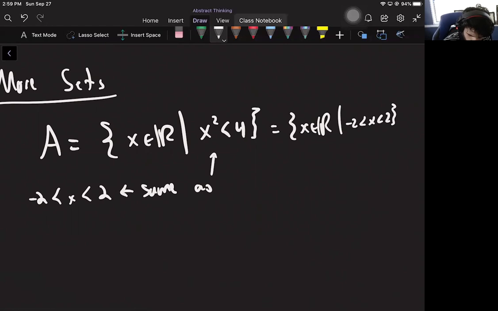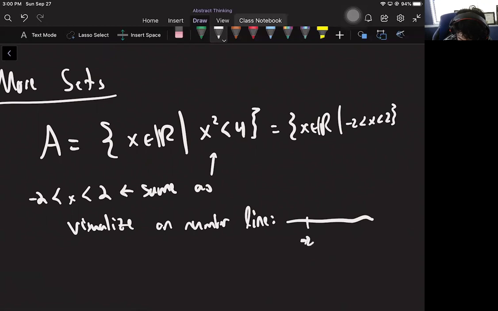And then you can visualize these on a number line if you really want to. Maybe it'll help. And so people draw an open circle on the 2 and the negative 2 because they don't include them. So it's like the filling in between negative 2 and 2, all those numbers.